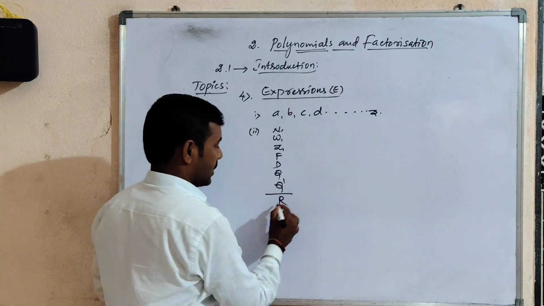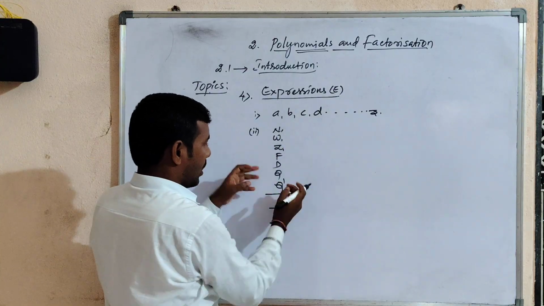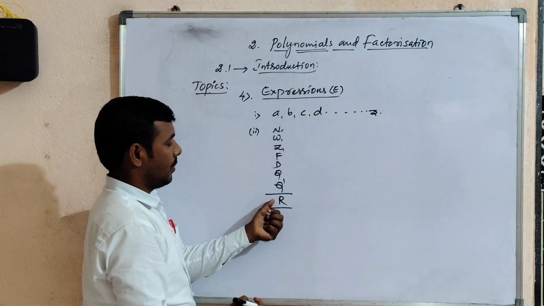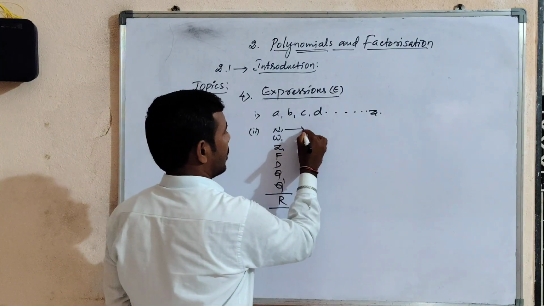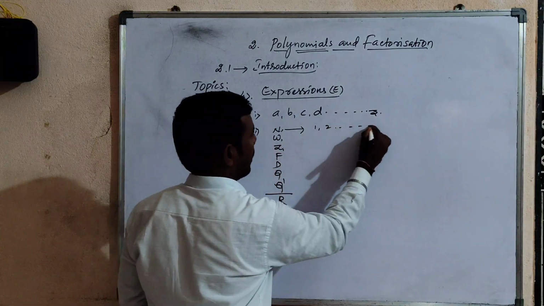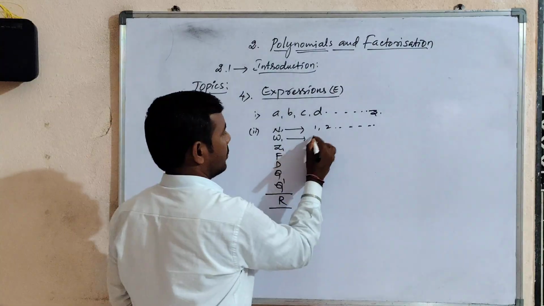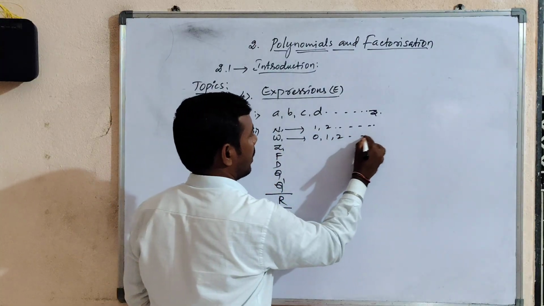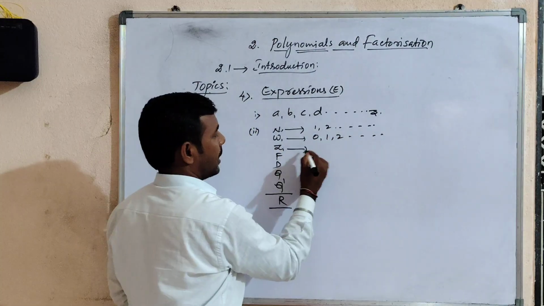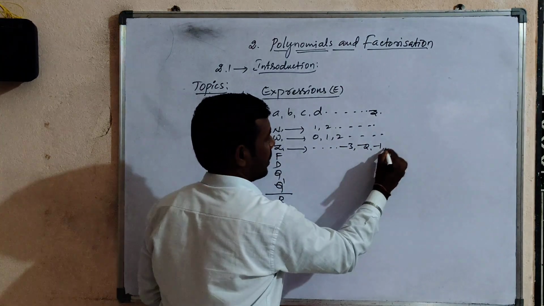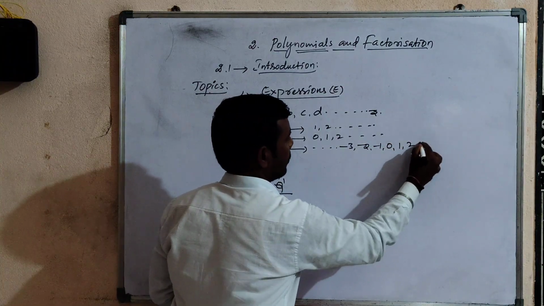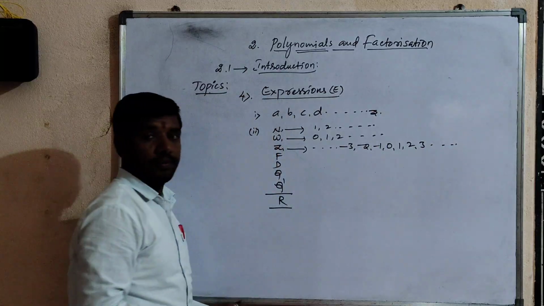When these all come together, we treat them as real numbers. Natural side 1, 2, dot. Whole number side 0, 1, 2, dot. Integer side dot, minus 3, minus 2, minus 1, 0, 1, 2, 3. These are integers.